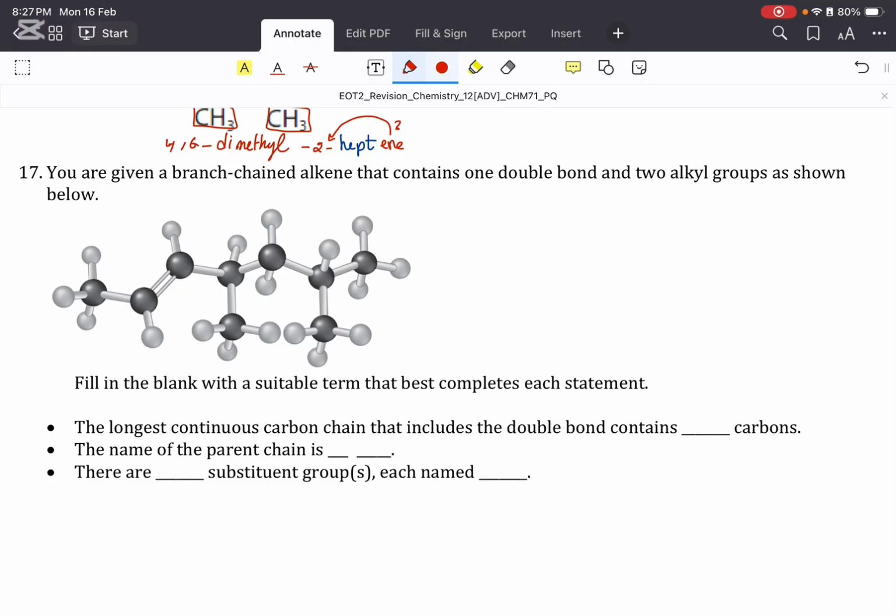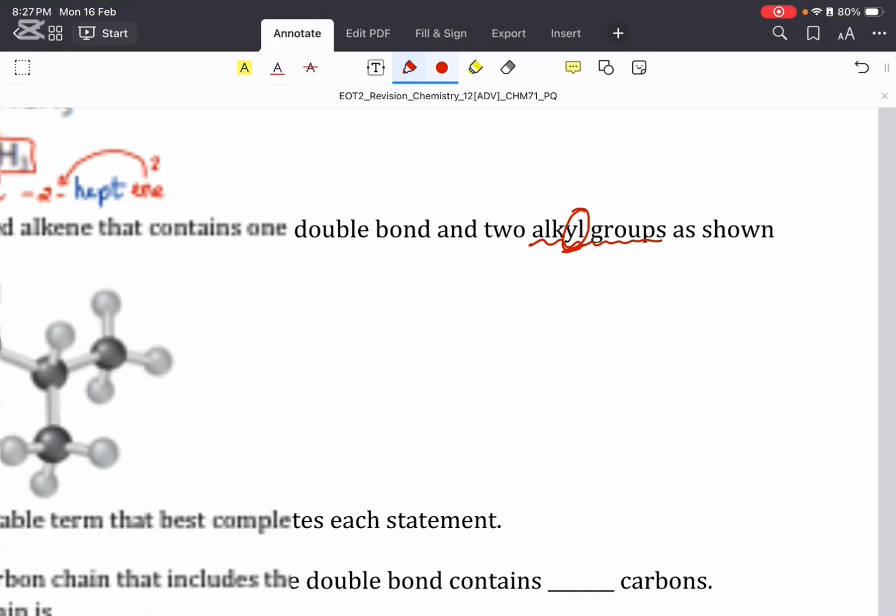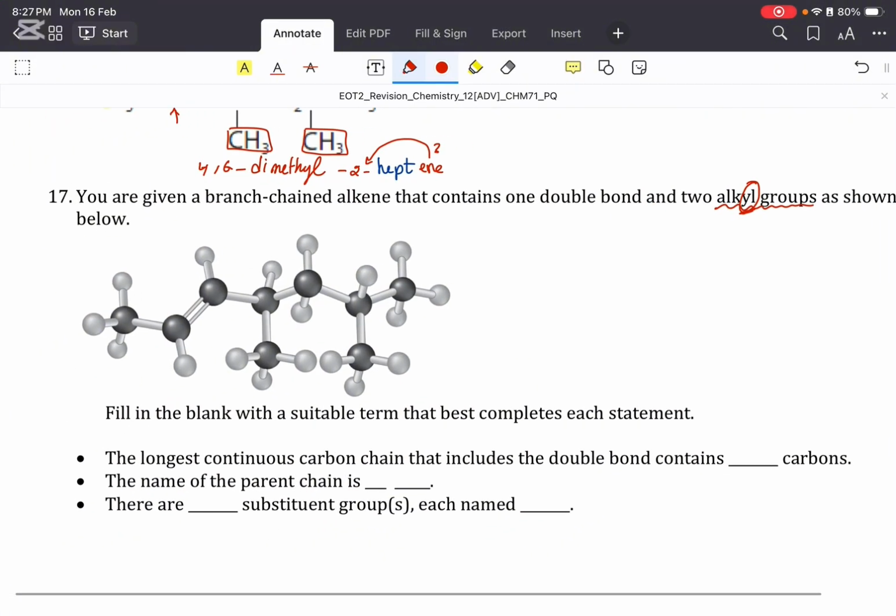Next, you are given a branched alkene that contains 1 double bond and 2 alkyl groups. Alkyl groups means branches or carbon atoms. Okay, so let's look at it.